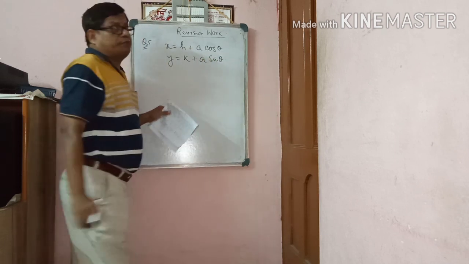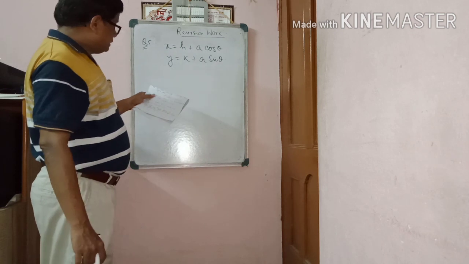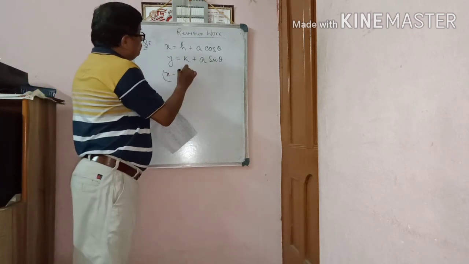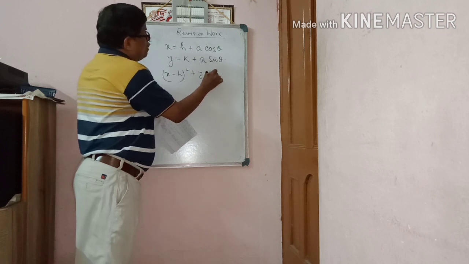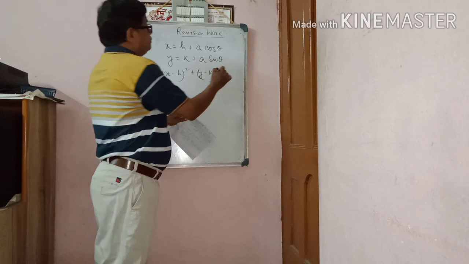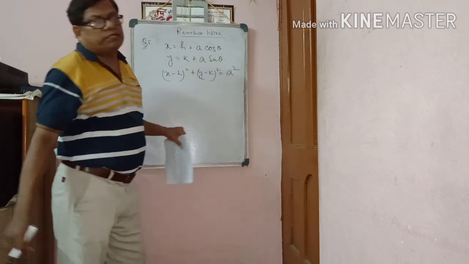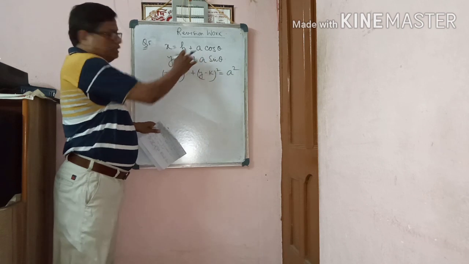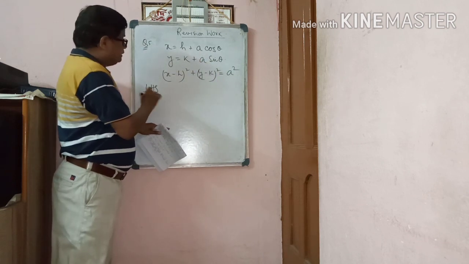Prove that x minus h whole square plus y minus k whole square equal to a square. Just put the value in the left hand side. Very easy sum.